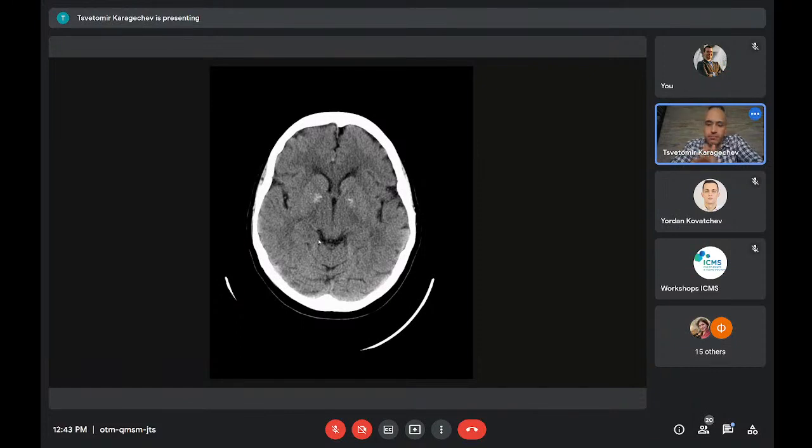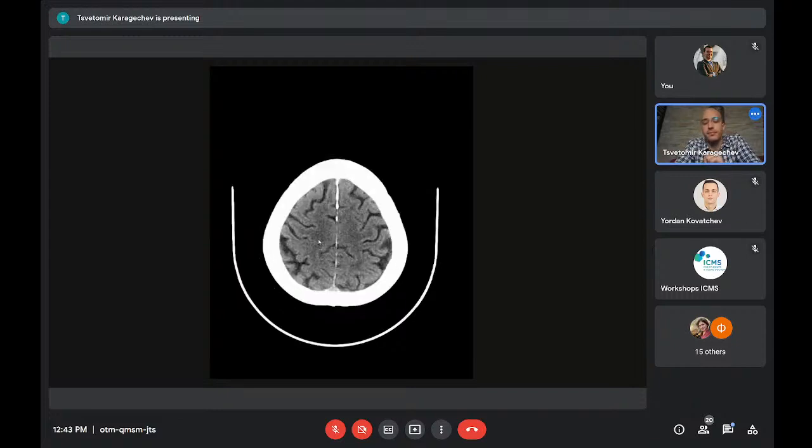Again, they're commonly symmetrical. We expect to find them there. Maybe that's the most important thing. This is no bleed, this is no blood, this is calcification. I will show you an example later that will make this a bit clearer. Calcifications along the falx.